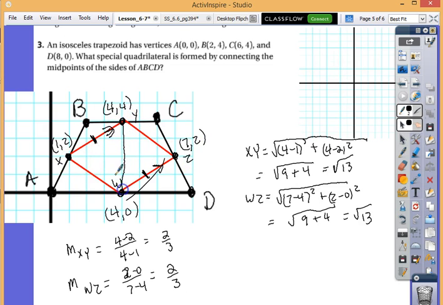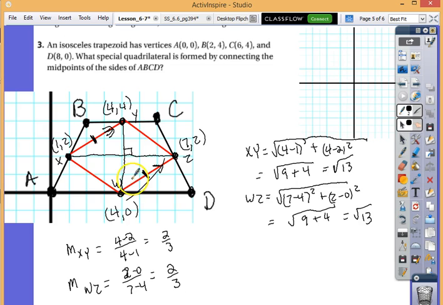So now I can even decide the slopes of the diagonals. And look, if you look at the slopes of the diagonals, one has an undefined slope and the other has a 0 slope. What does that mean? Perpendicular. So if the diagonals are perpendicular, it's a rhombus. If I can find out that the two diagonals are the same length, well, this has a length of 1, 2, 3, 4.